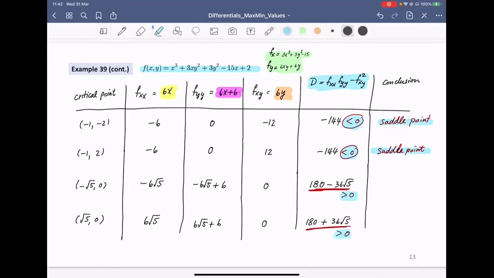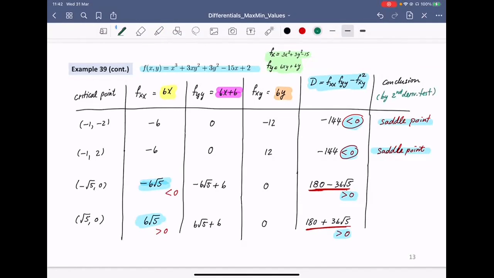So this thing is positive, this thing is positive. Well, it could be local max or local min. However, you go back to this thing, and this will tell you which one is max and which one is min, because this thing is less than 0 and this thing is bigger than 0. So this is the conclusion by the second derivative test.